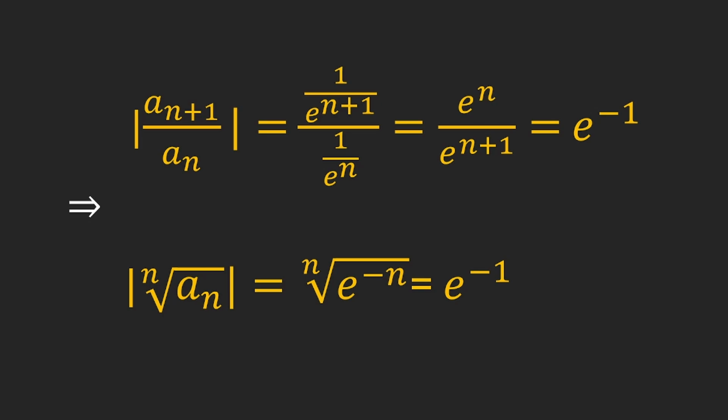But why don't we look at our work more carefully? The operations we've done to our original sequence would have been the same as taking the nth root of whatever is under the absolute value. So this is the same as taking the nth root of our sequence, which would give us also 1 divided by e. So this births a new test, what we call the root test.